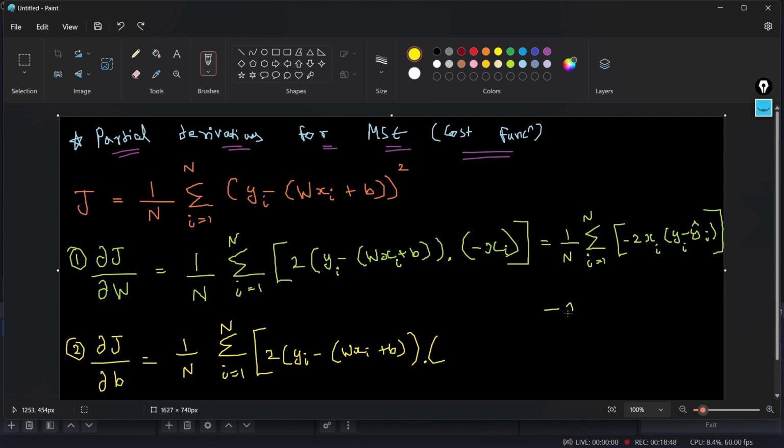If I ask you what is the derivative of minus 2x, you will say minus 2. If I say what is the derivative of minus x, you will say minus 1. Just like that, if I ask you what is the derivative of minus b, if that x has been replaced with b, you will say minus 1, right? So that's exactly what is happening over here. The partial derivative of this minus b will come out to be negative 1.